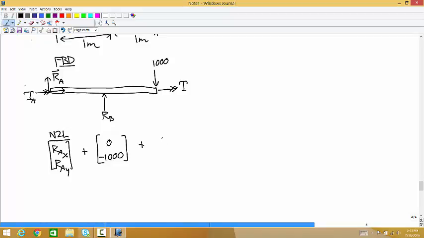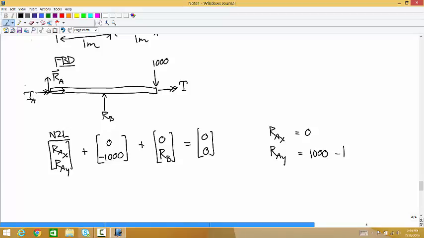I missed the 0, positive RB. And that's equal to zeros. So RAX is equal to 0. RAY is equal to 1,000 minus RB.